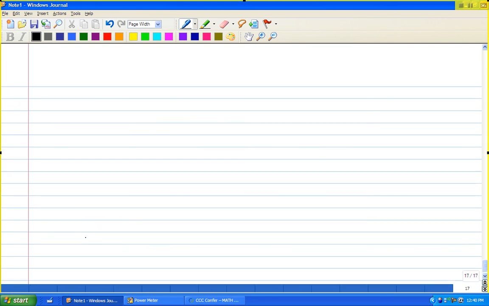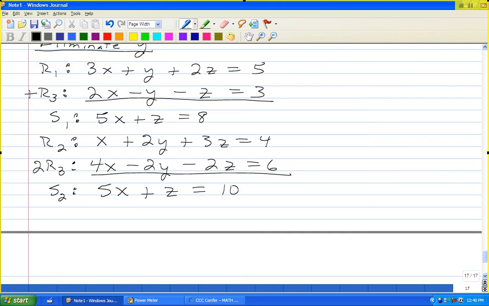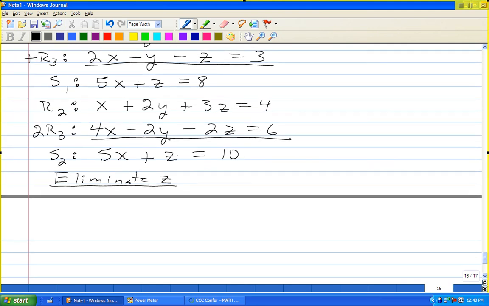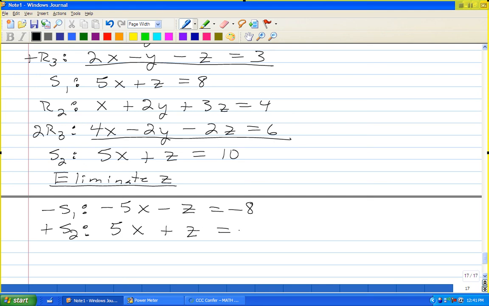Okay, so now let's eliminate z. And so I'll do minus S1, minus 5x minus z equals negative 8, plus S2, 5x plus z equals 10.